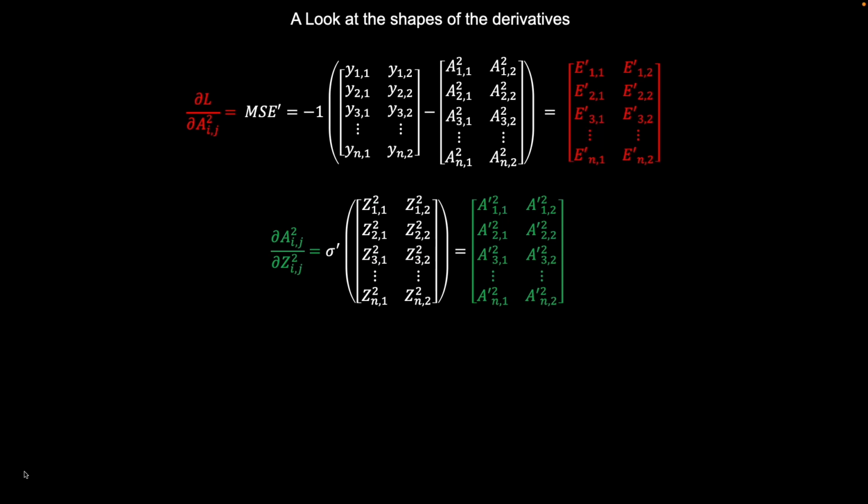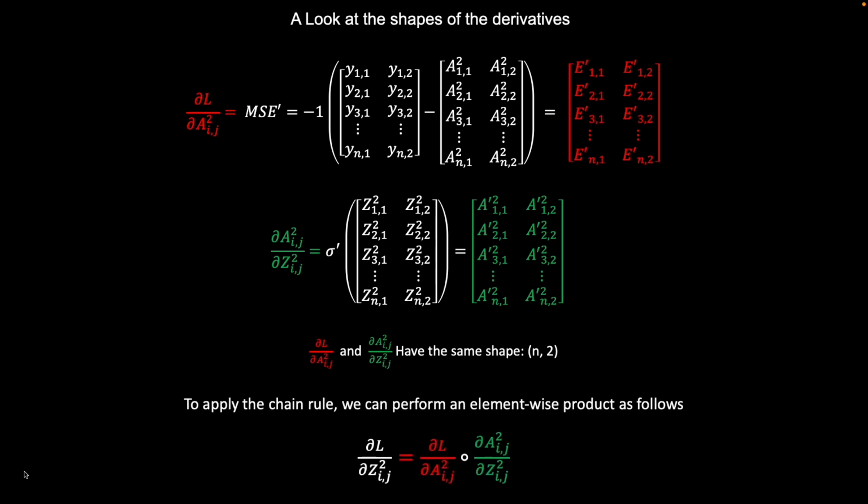The derivative of A2 with respect to Z2 is equal to the derivative of sigmoid applied to Z2. This is equal to A2 prime, a matrix of shape n by 2. Notice how both of these derivatives have the same shape, n by 2. So when we're applying the chain rule, we can simply perform an element-wise multiplication. This is denoted by the circle.